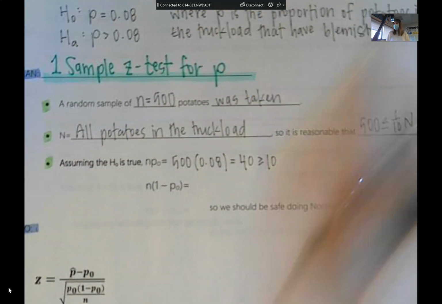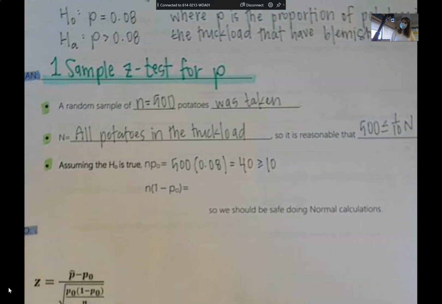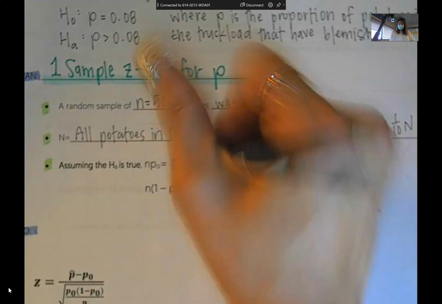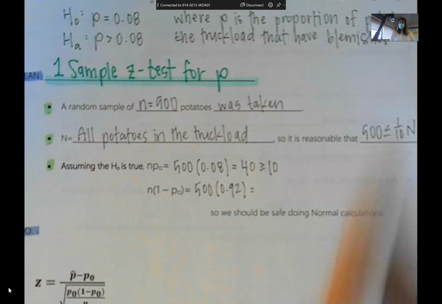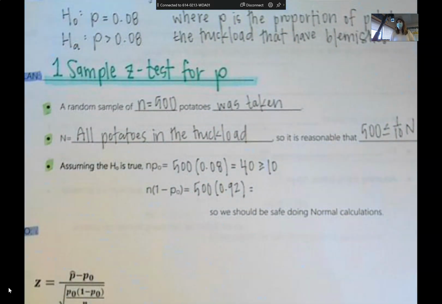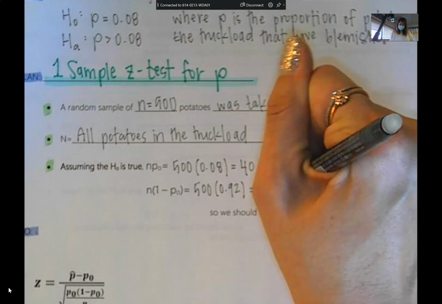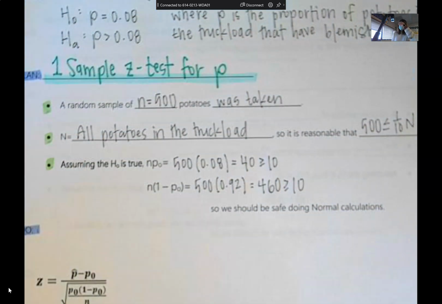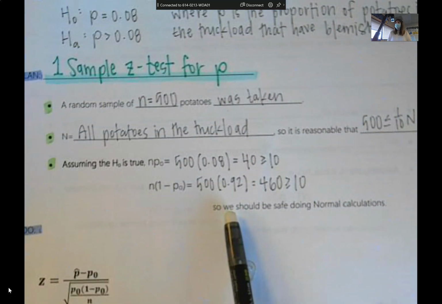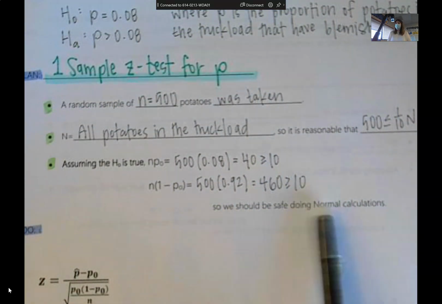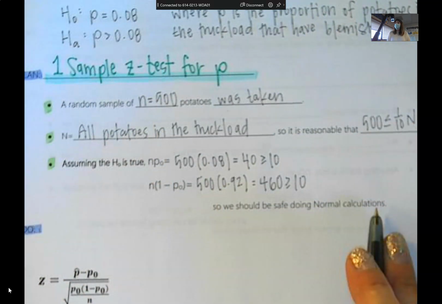I'm pretty sure. N times 1 minus P from the null is 500 times 92%, which is 460, I believe. And this tells us that we can use the normal distribution now. So this large counts tells us we can use the normal distribution.